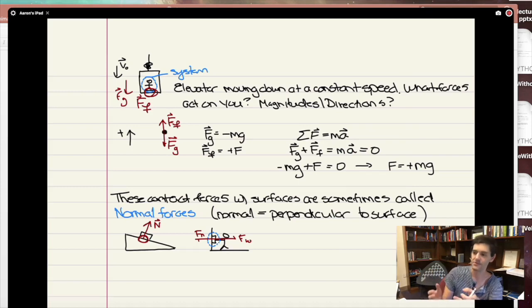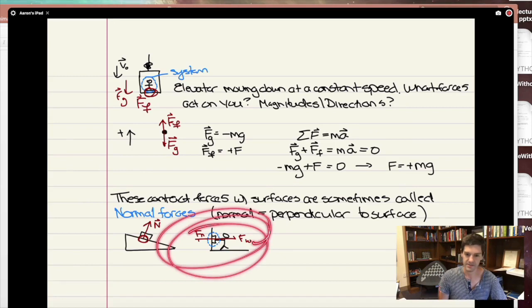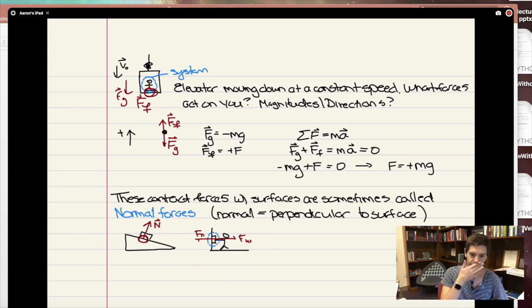In a high school physics course, it often is the case that they're always equal. The normal force always happens to be the same thing as your weight. But that is not a general truth. For example, going back to the example where I'm pushing the book up against the wall, I'm moving in the horizontal direction, which has nothing to do with gravity. So it doesn't make sense that it should depend at all on little g.